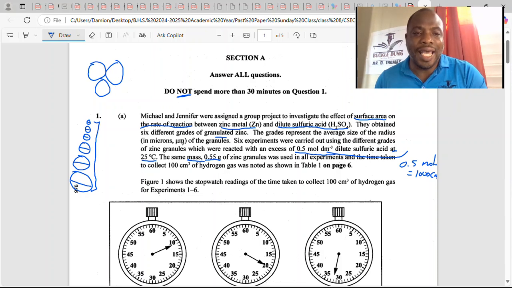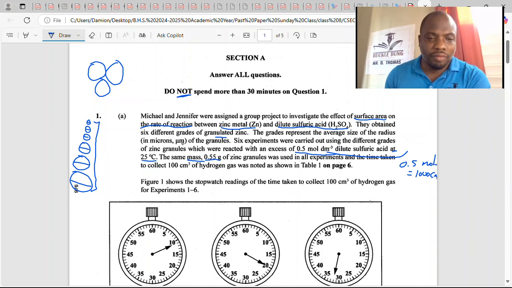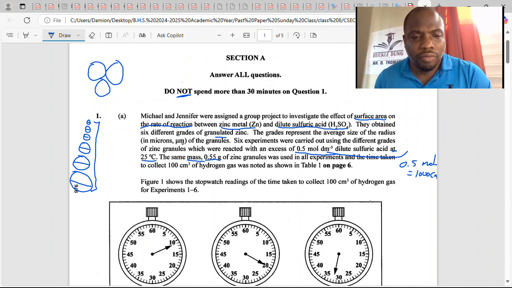Even though the sizes are different, we have to use the same mass. We also have to have them at the same temperature, because temperature is another factor that affects rate of reaction. Does anybody know how temperature affects rate of reaction? Normally, the higher the temperature, the faster the rate of reaction.